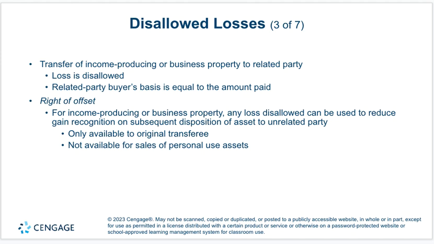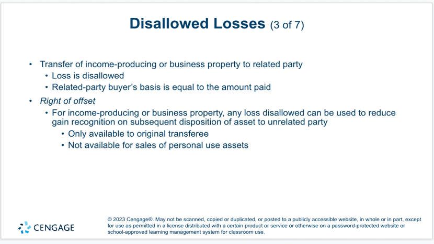And then there's also the right of offset. For income producing or business property, any loss disallowed can be used to reduce the gain recognized on subsequent disposition of the assets to an unrelated party.